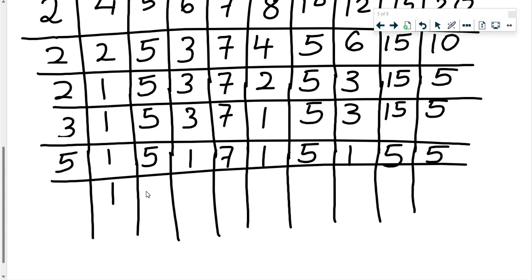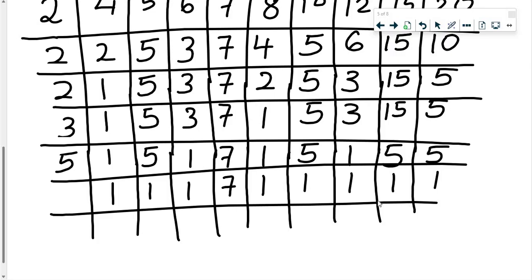So we have 1, 1, 1, 7 here. Can it still go by 5? No, this time by 7. So you have all 1s. That's all. Now, how do we get the LCM?